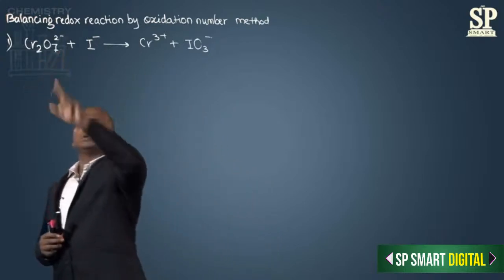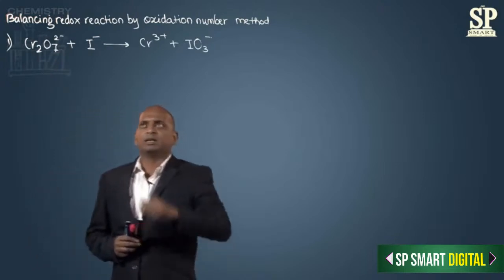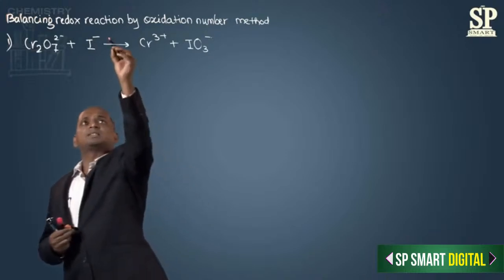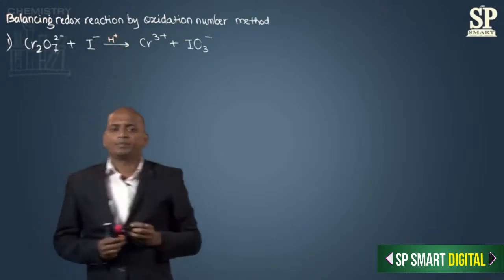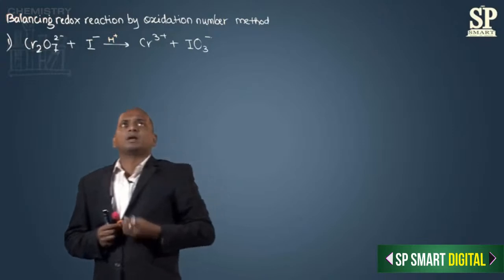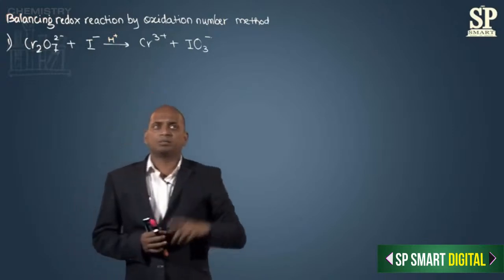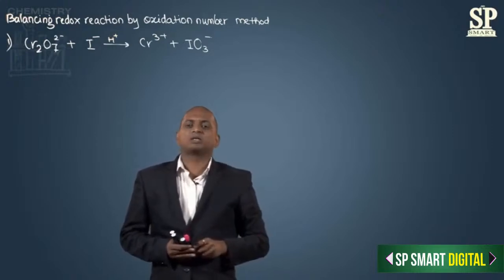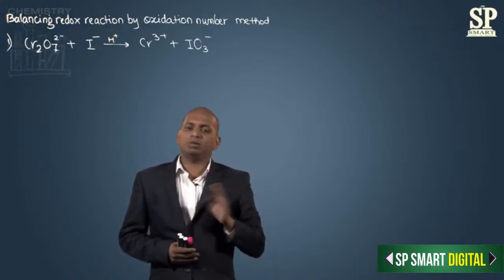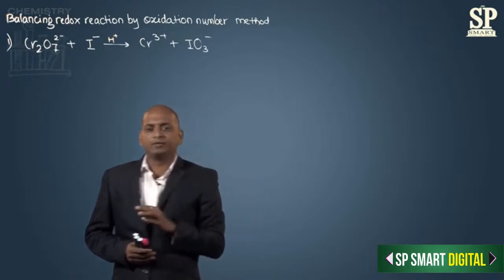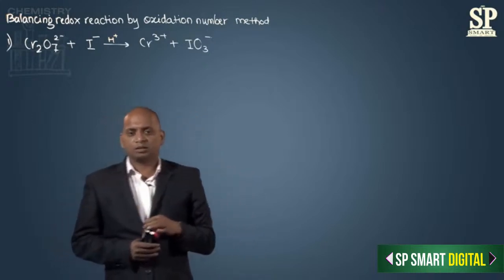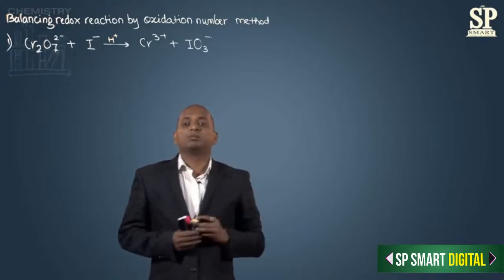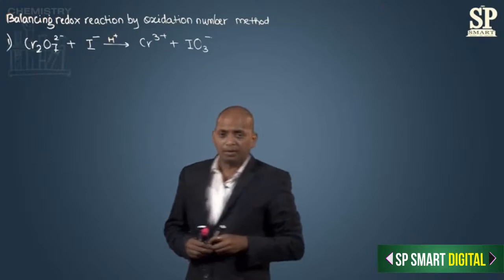So we will take this example. Dichromate ion Cr2O7 2- reacts with iodide ion in presence of acidic medium and gives you Cr3+ and IO3-. So step 1 is the same in both the cases: identify which is undergoing oxidation and which is undergoing reduction. That is done by oxidation number.